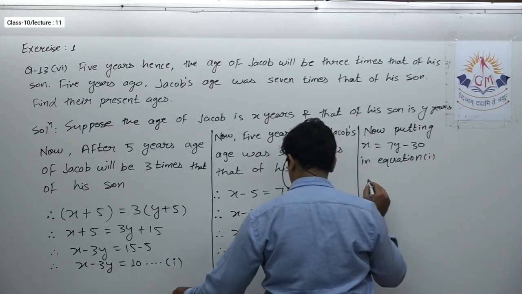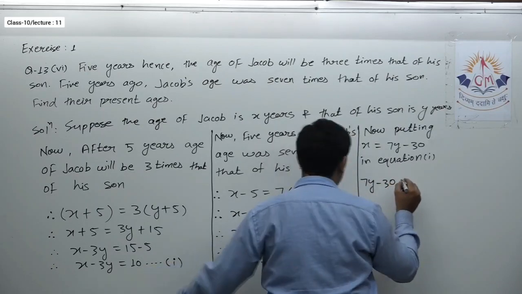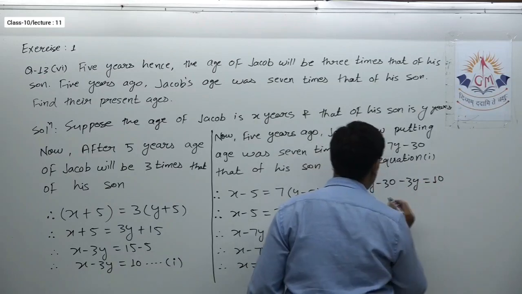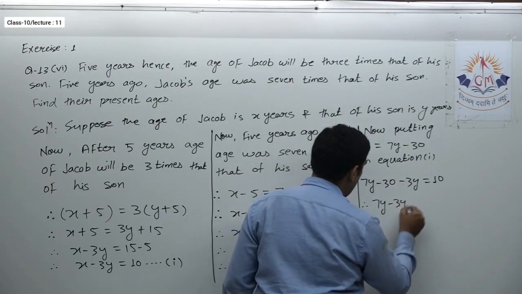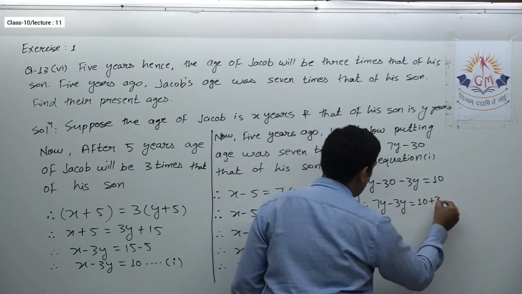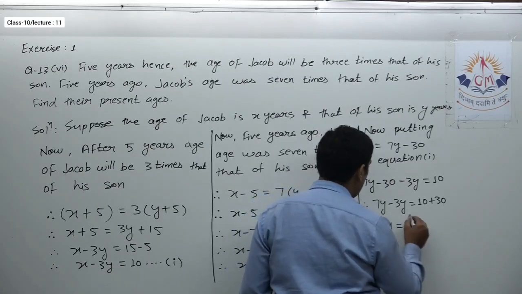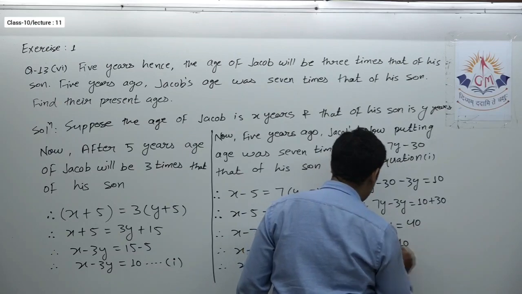So 7y minus 30 minus 3y is equal to 10. Therefore 7y minus 3y is equal to 10 plus 30. So 4y is equal to 40. Therefore y is equal to 10.